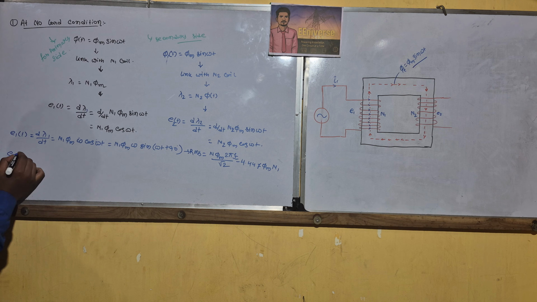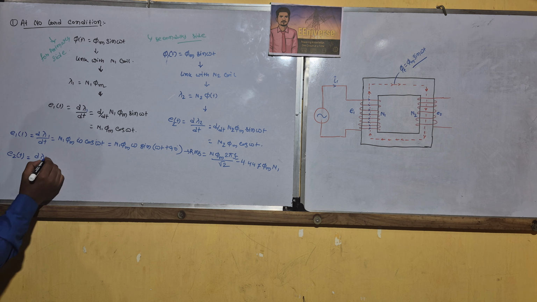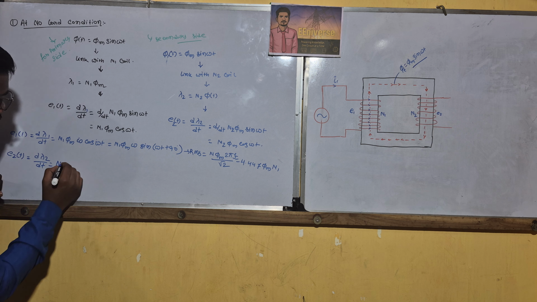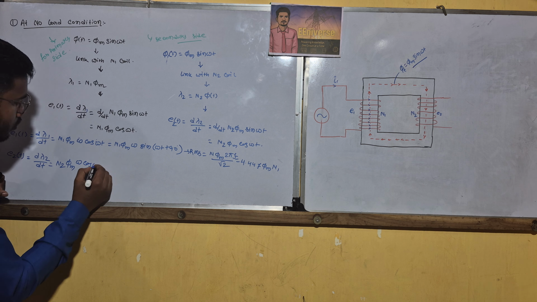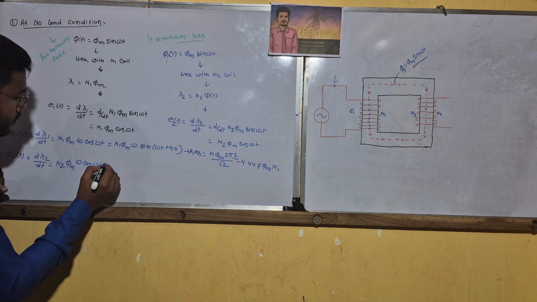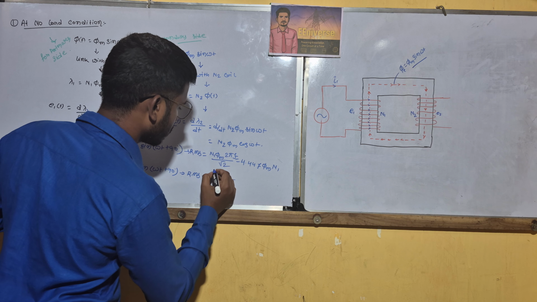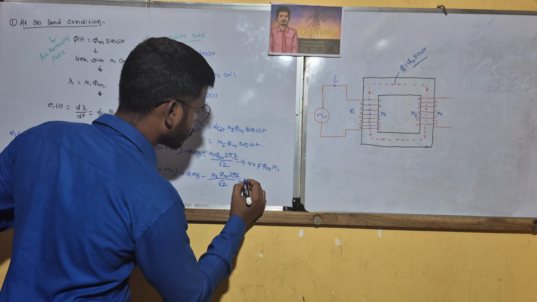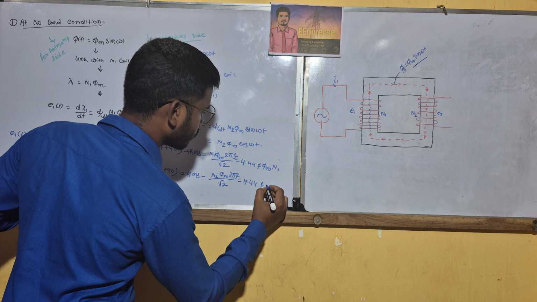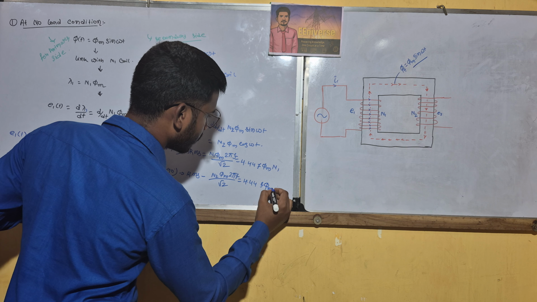And in the secondary side, d lambda 2 by dt equals N2 phi m omega cos omega t equals N2 phi m omega sin(omega t plus 90 degrees), and in RMS value, N2 phi m 2 pi f by root 2 equals 4.44 f phi m N2.